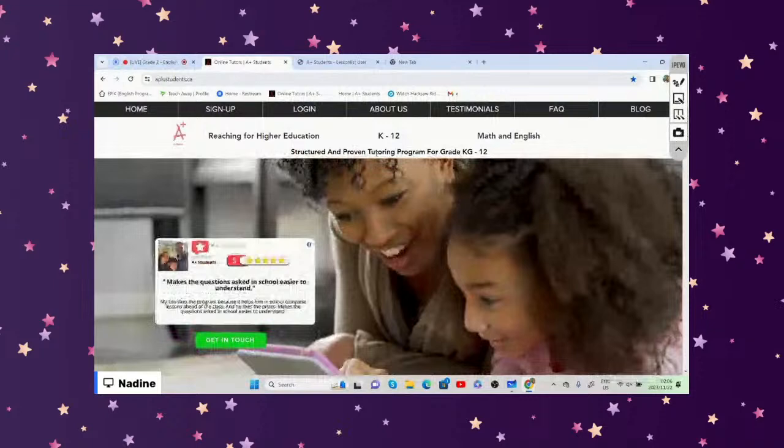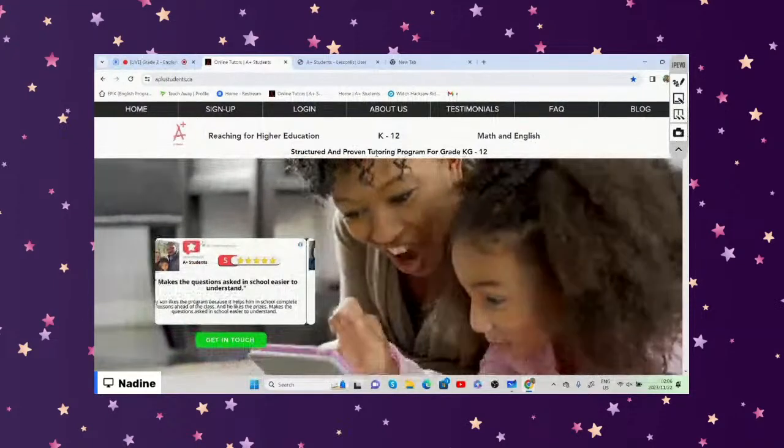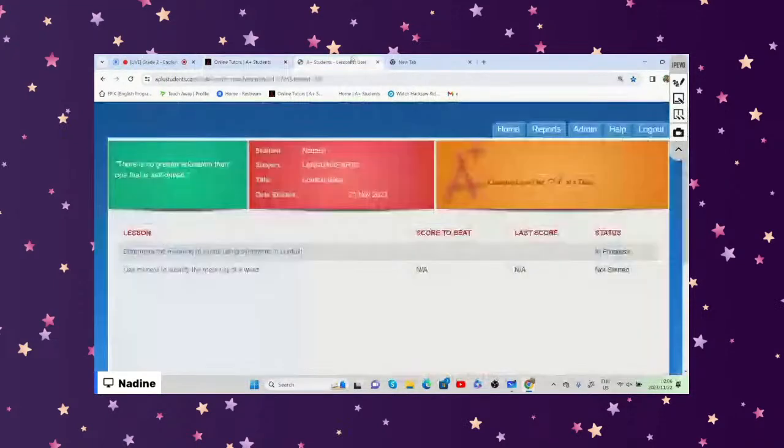Then you're going to scroll down until you get to the chapter of context clues. And we're going to basically find out what context clues are.